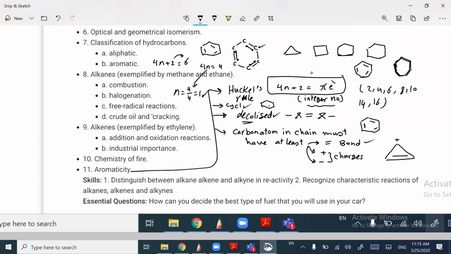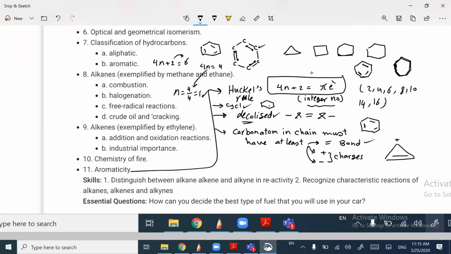For this compound, starting double, single, double, single, there is one carbon with no double bond, so it is not aromatic.